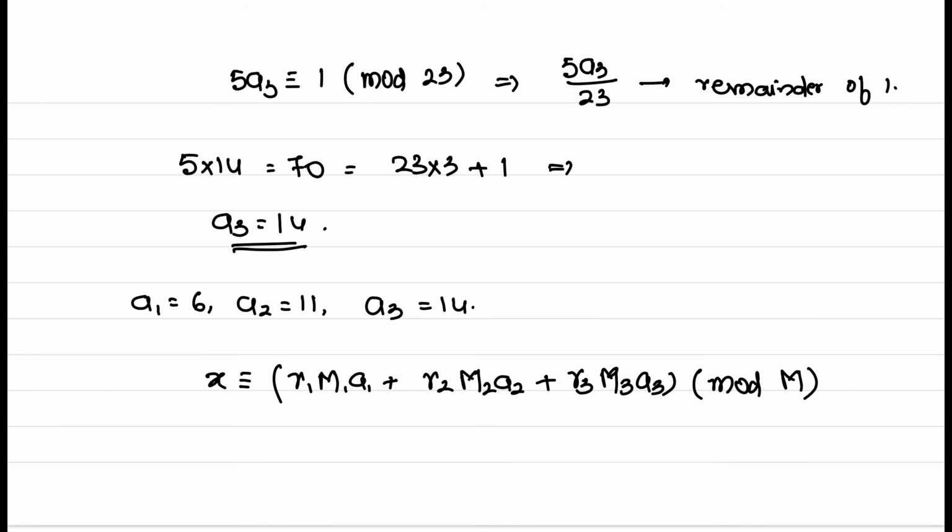Now we have got all the values. R1 is 7, M1 is 299, A1 is 6.